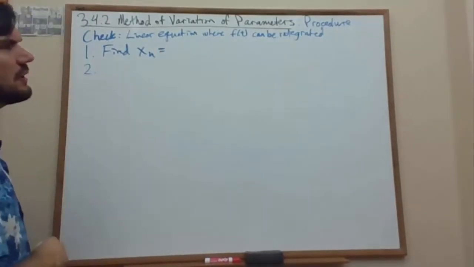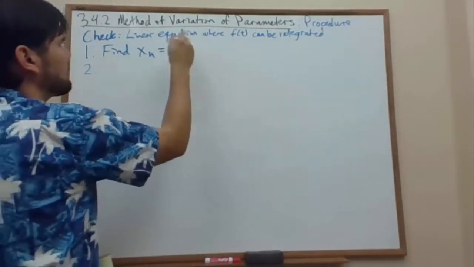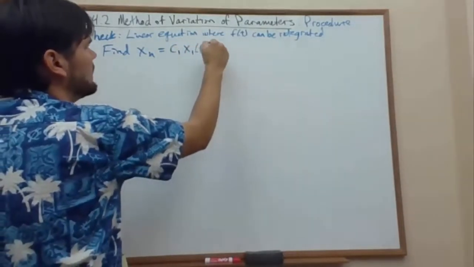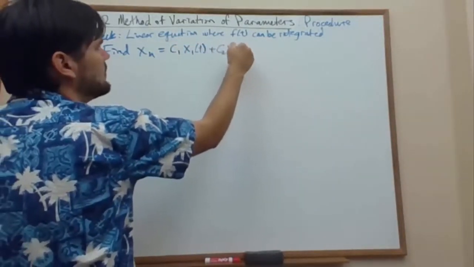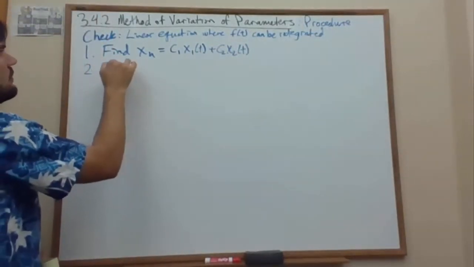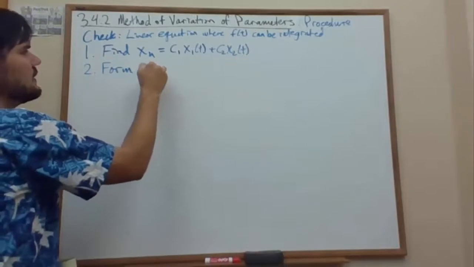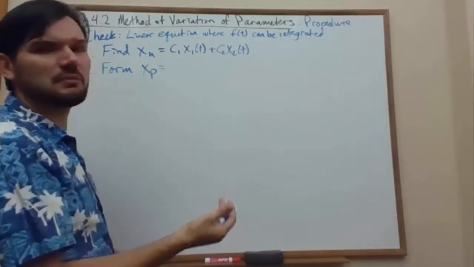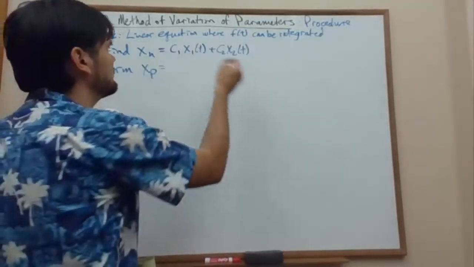After we find x of h, we want to write it in the form c1 x1 of t plus c2 x2 of t. And in the second step, we form our particular solution by varying the parameters.